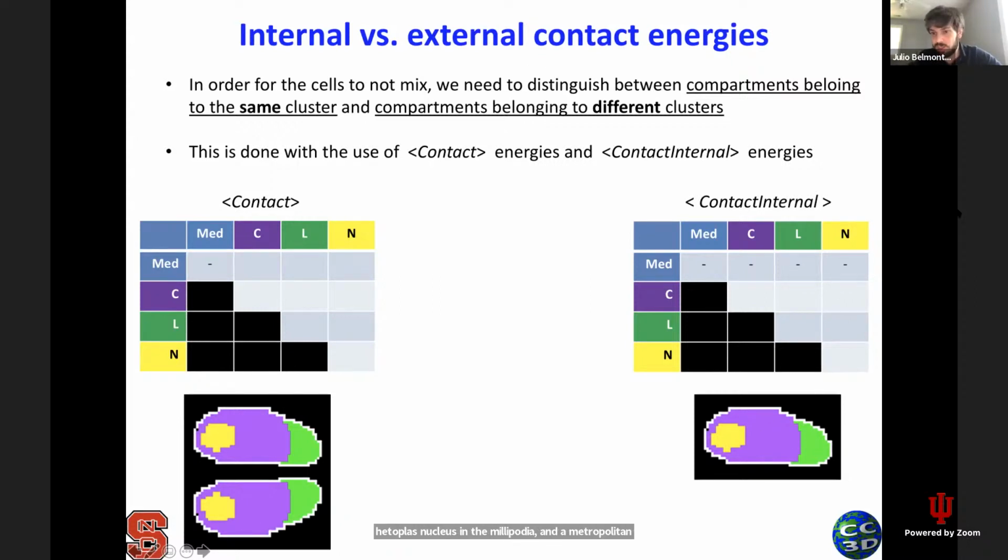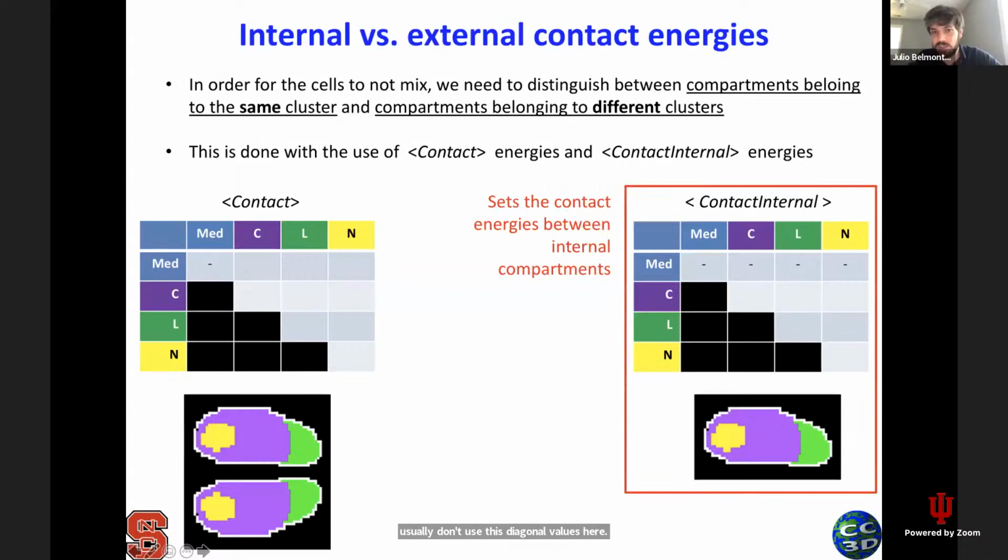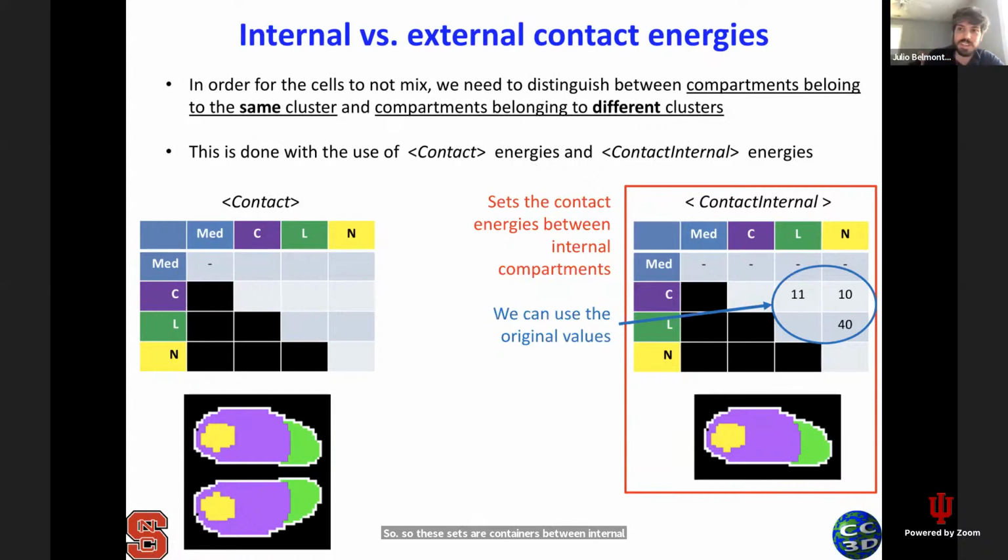In this case, you have those three values that you have set up. Usually when you have these models, you only have one compartment of each type inside the cell, so you usually don't use these diagonal values here. This sets a contact energy between internal compartments. For the same model that you had before, you can just use the same original values that you have for the original cell crawling model that you did on the second day.